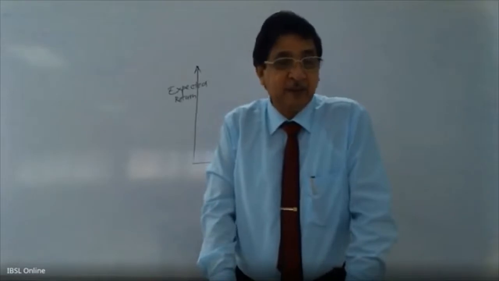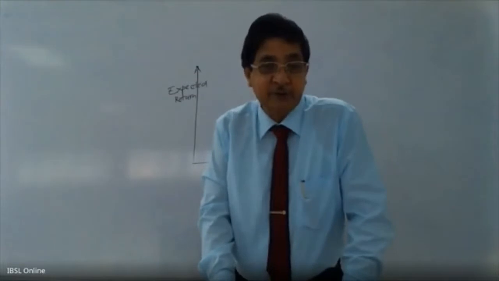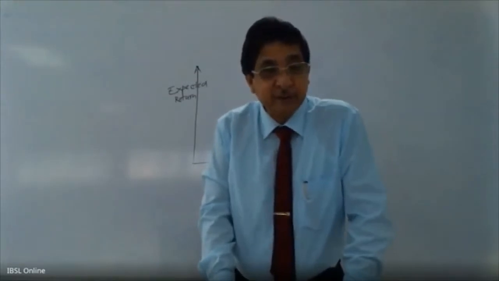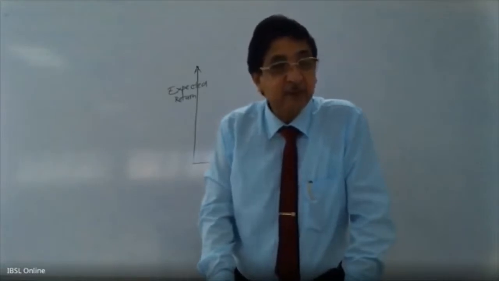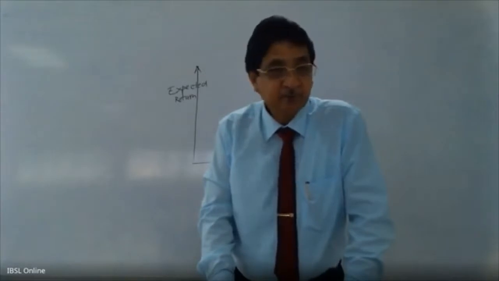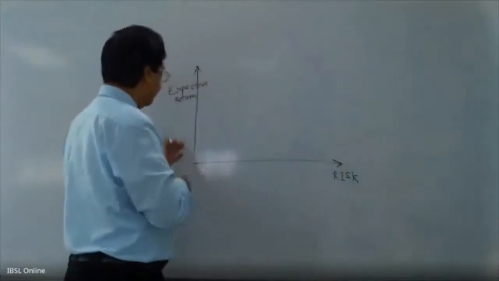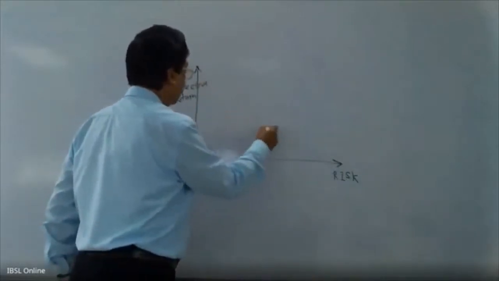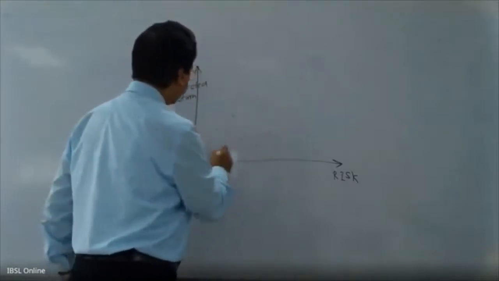For example, portfolio 1 has a risk of so much, return of so much. Since the coordinates are given as x, y, the risk has to be given first. Such points we can plot on this graph, and you will get different points like this.